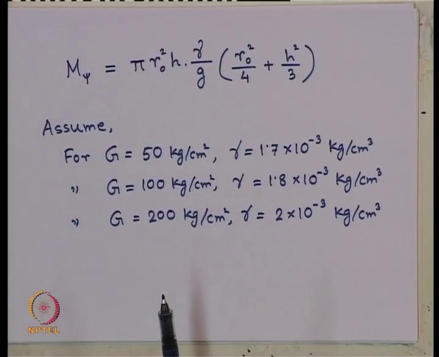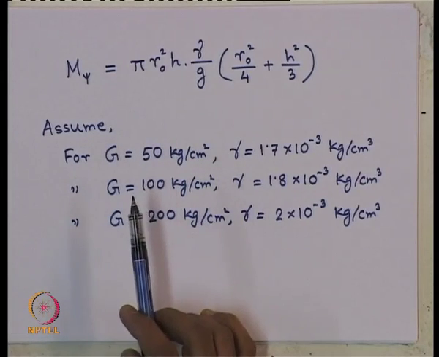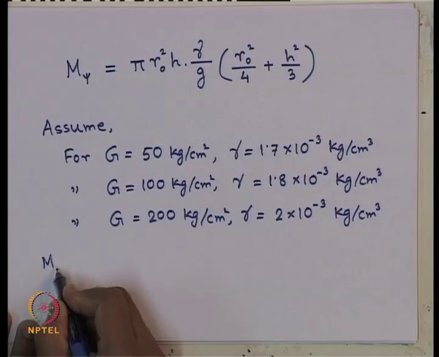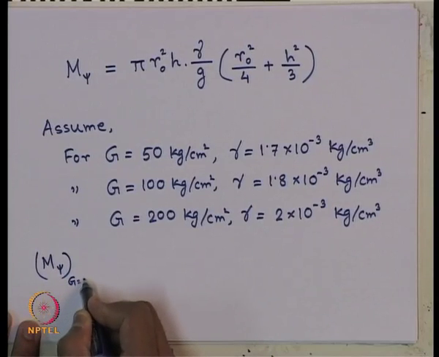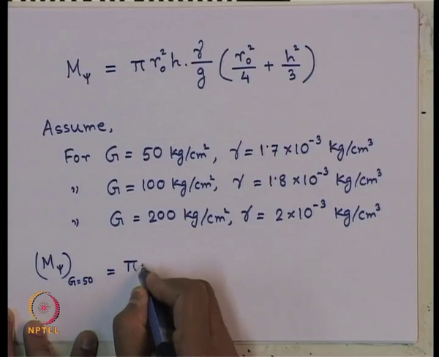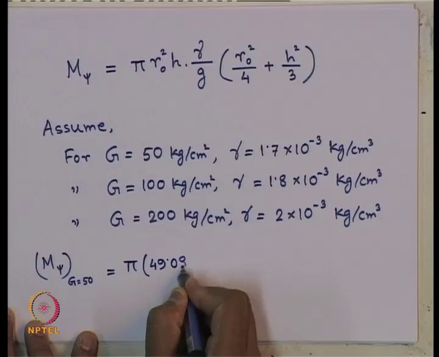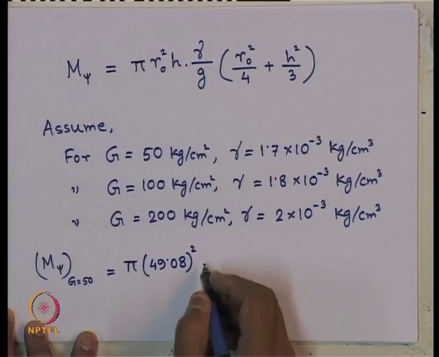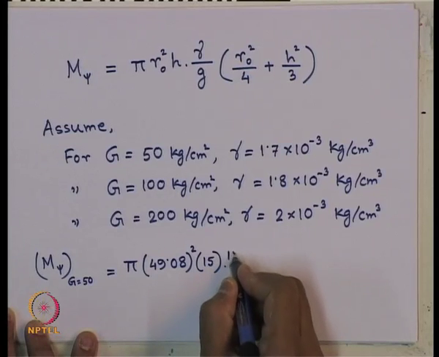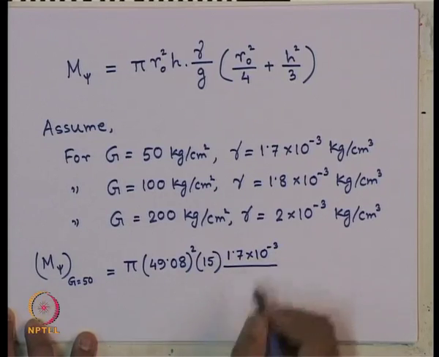So, with this, now let us go back to this equation to compute the mass moment of inertia. So, m psi for g equals to 50 should be how much? Let us put the value: pi r, we have calculated 49.08 whole square, then h is 15 centimeter given to us, gamma is 1.7 into 10 to the power minus 3 in kg force per centimeter cube unit.